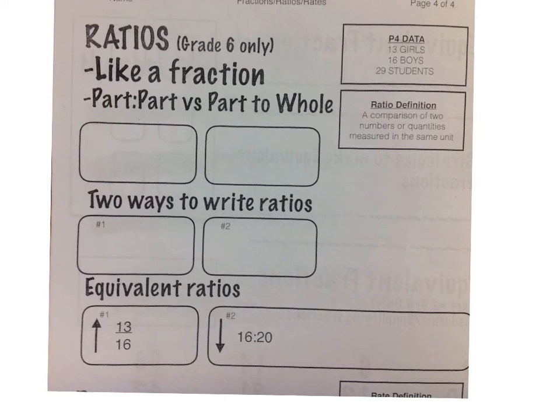Okay, we're also going to talk about ratios. And ratios, this is a grade 6 concept, they are a lot like fractions, and there's 2 different ways you can write them. One of them looks a lot like a fraction. Let's use our portable 4 data of 13 girls, 16 boys, and 29 students altogether. There's part-to-part ratios where you take a part of the whole and you compare it.